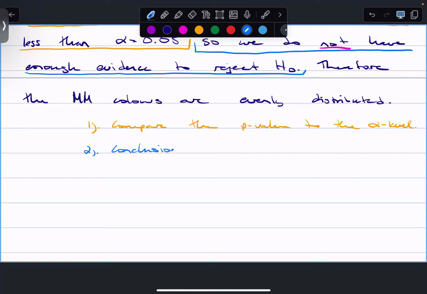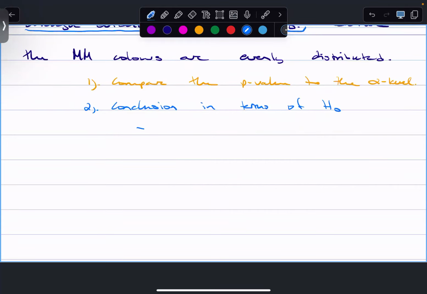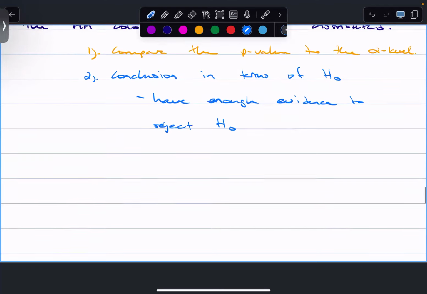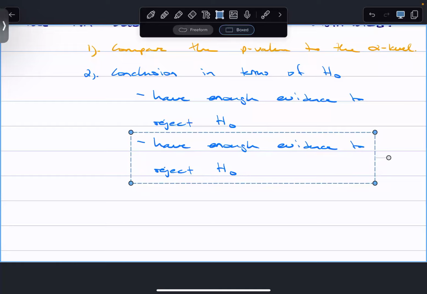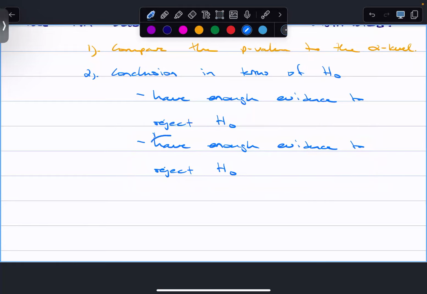The conclusion in terms of H naught. And what I mean there is you either have enough evidence to reject H naught, or you do not have enough evidence to reject H naught.